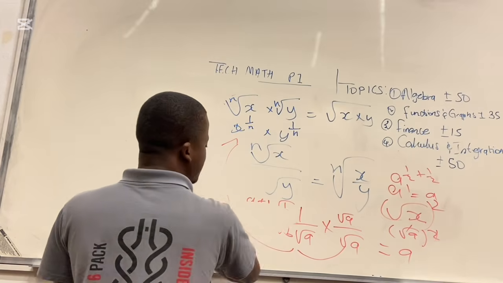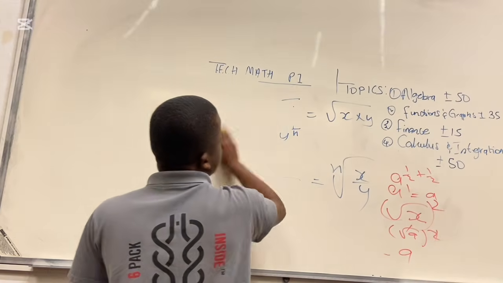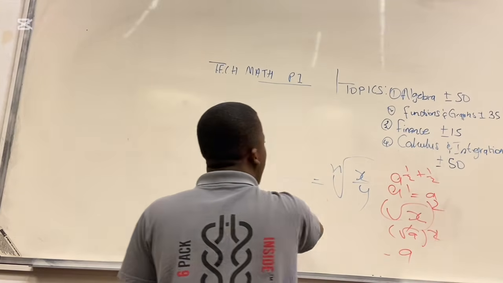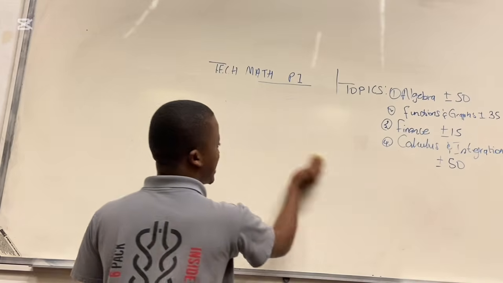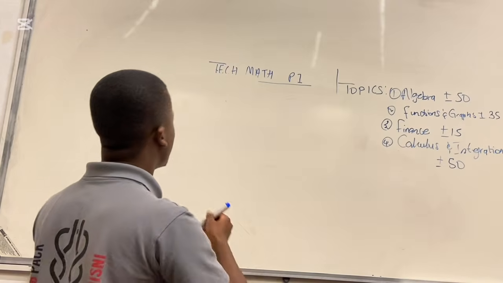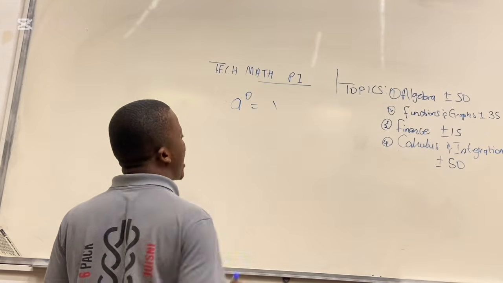Exponents, guys. These are very, very important things to note, the rules, the properties of mathematics. If I have a to the power of 0, this is 1. Why?